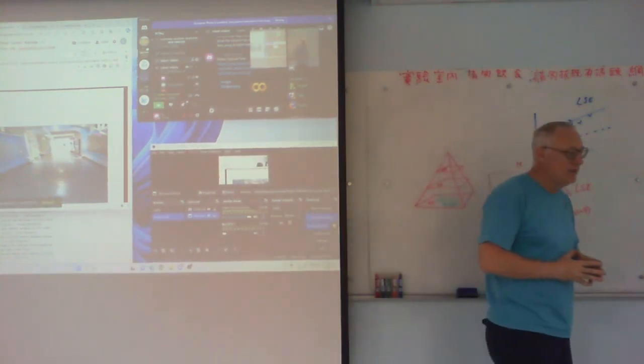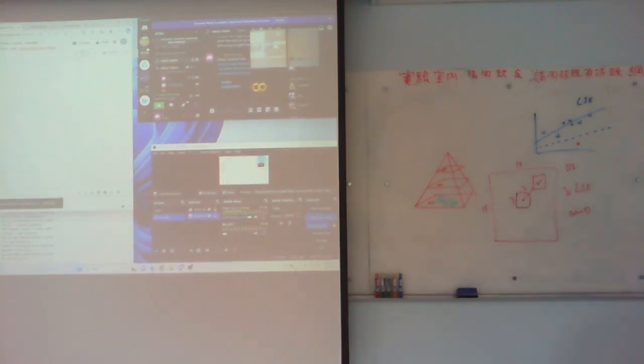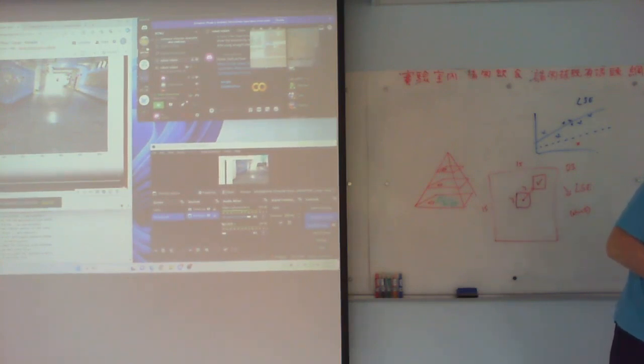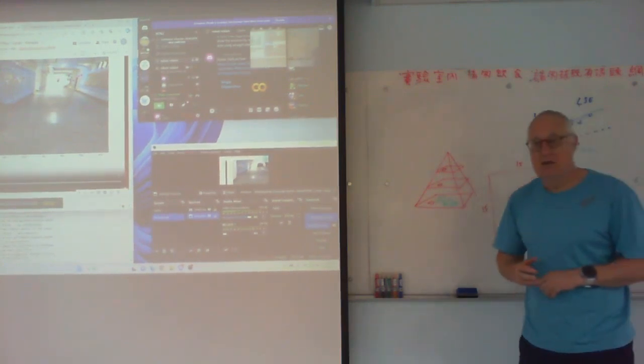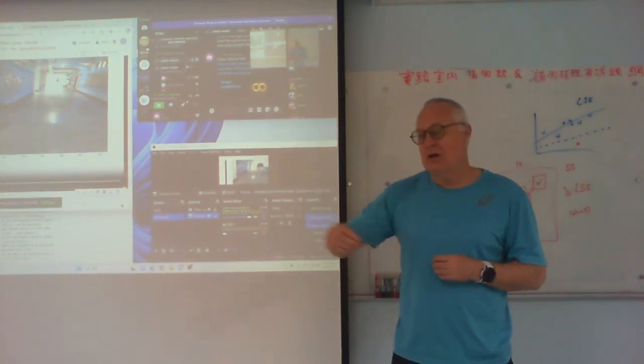So any ideas how we can deal with that problem? Wait, so we're using a line? No, not really a line. We're trying to find the angle of rotation and linear movement.